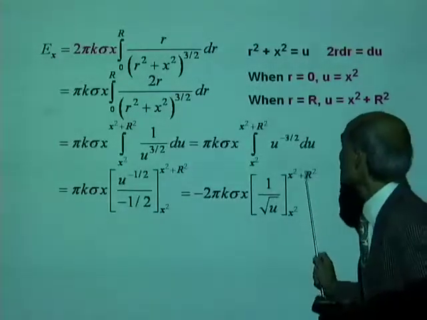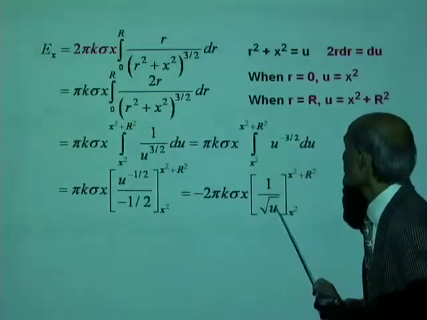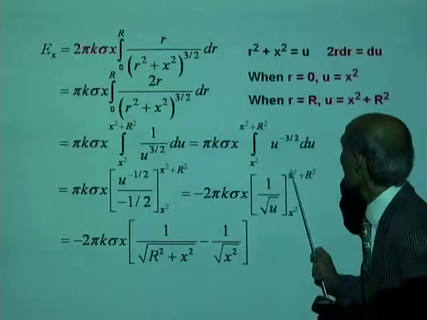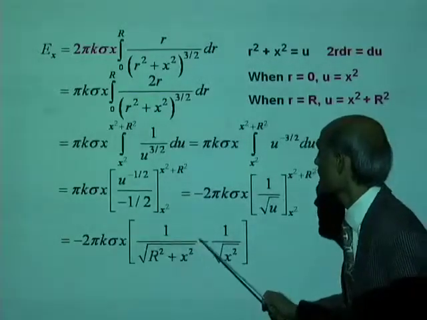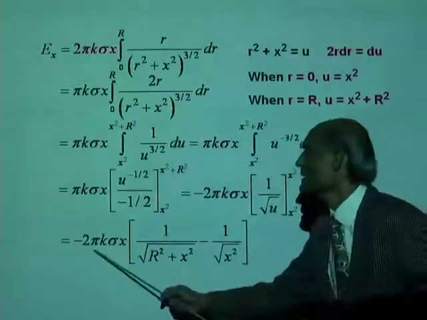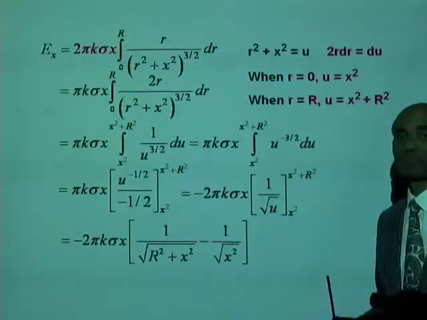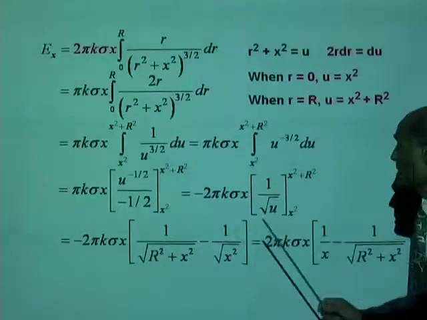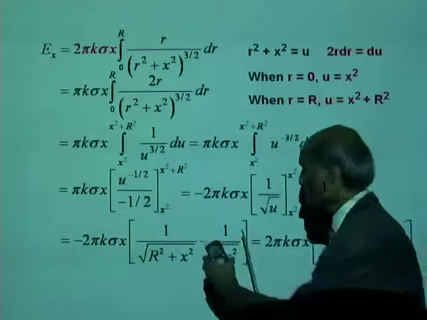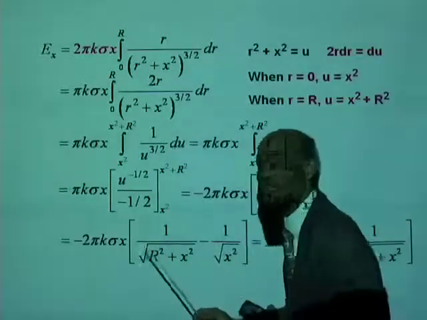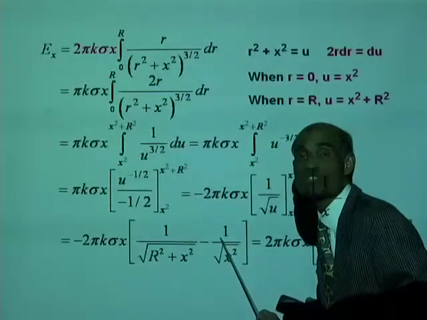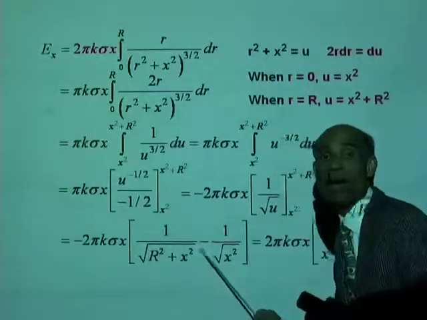Now use the upper limit, replacing u by x squared plus r squared, minus replacing u by x squared, and you have this. Now I can make this negative positive by simply exchanging these terms inside. Is that right? You know a minus b is negative of b minus a.